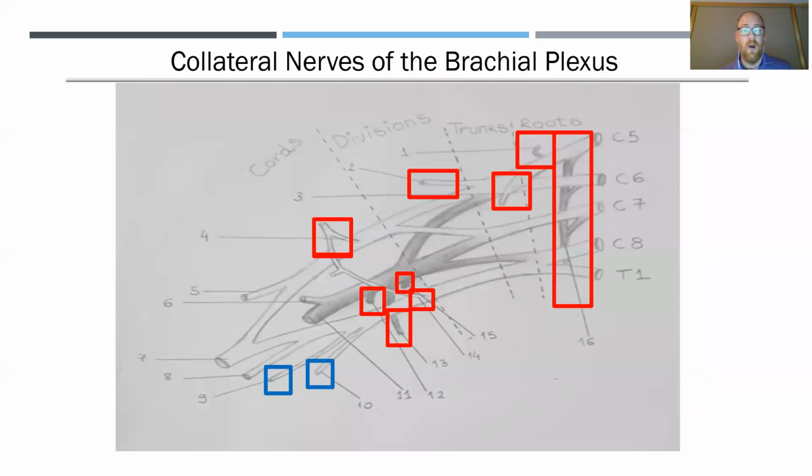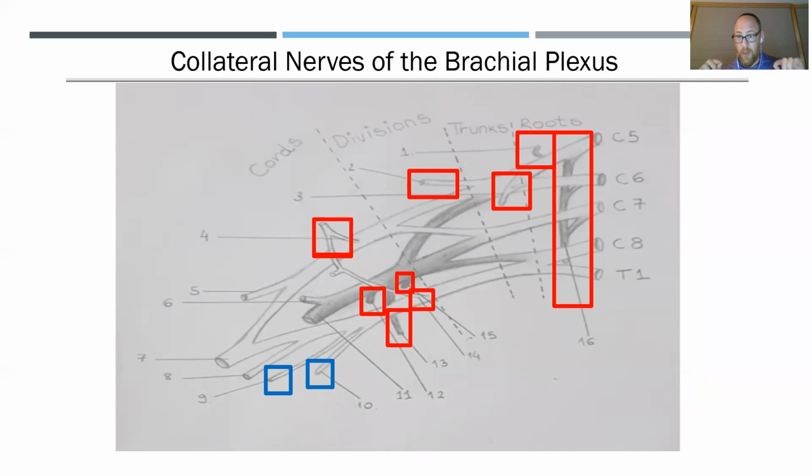All right. What is this? So we have these rectangles and squares. Okay. Red ones and blue ones. What? Okay. These are the collateral nerves of the brachial plexus.